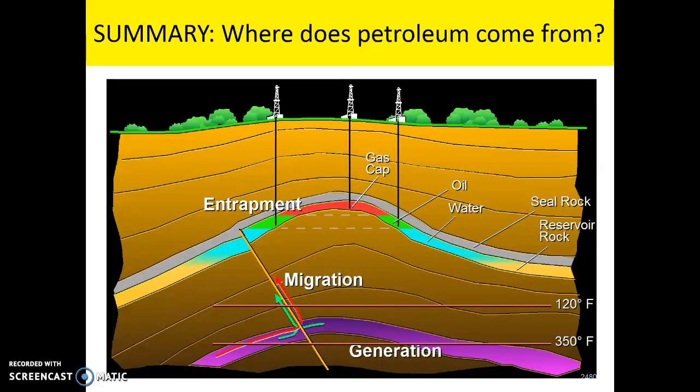So oil that is less dense than water will go up through the fluid system of the surrounding rocks. The carrier bed here is the rock layer that allows fluids to pass through it.